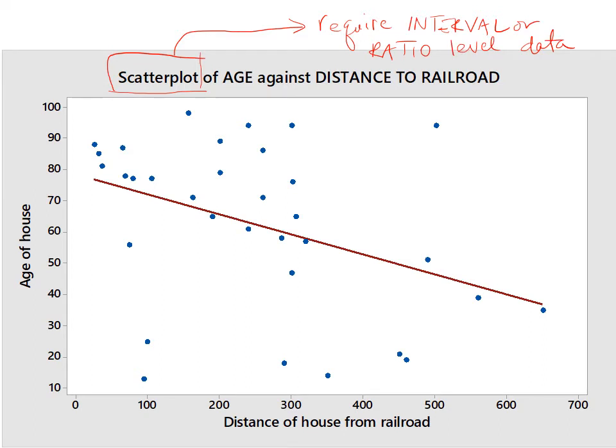Both of the variables have to be interval or ratio level, and this is our x-axis, which corresponds in this case to the distance of the house from the railroad.